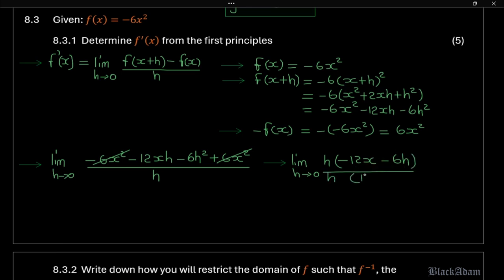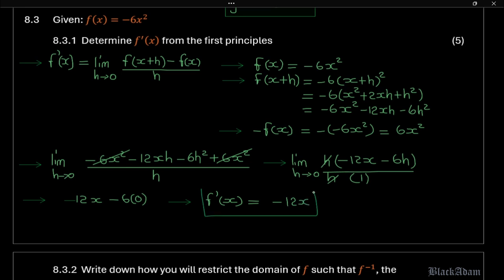So the h cancels out, and now we have negative 12x minus 6h, and where h is 0, the derivative according to the first principle is going to be negative 12x.